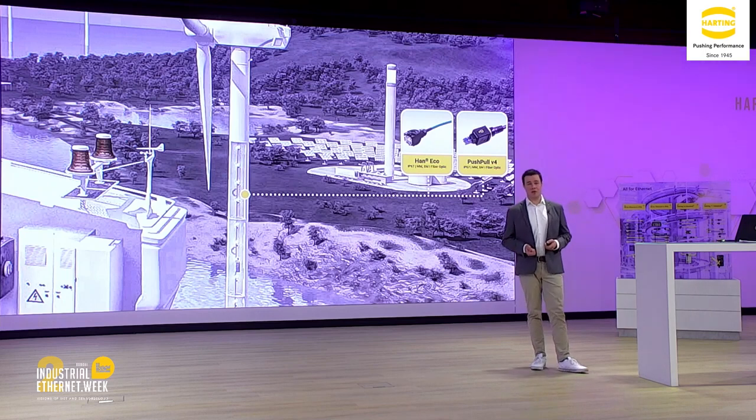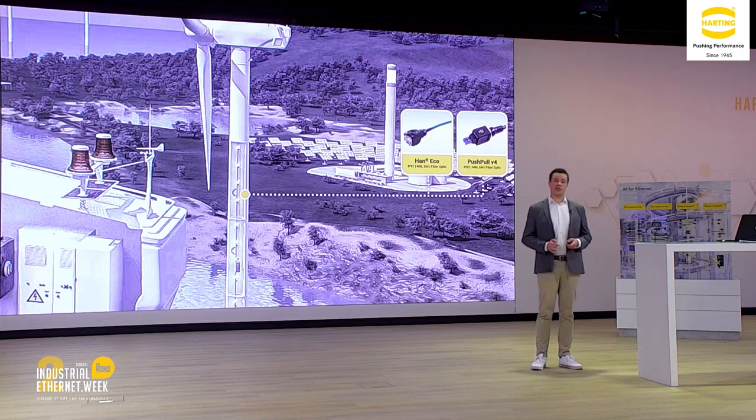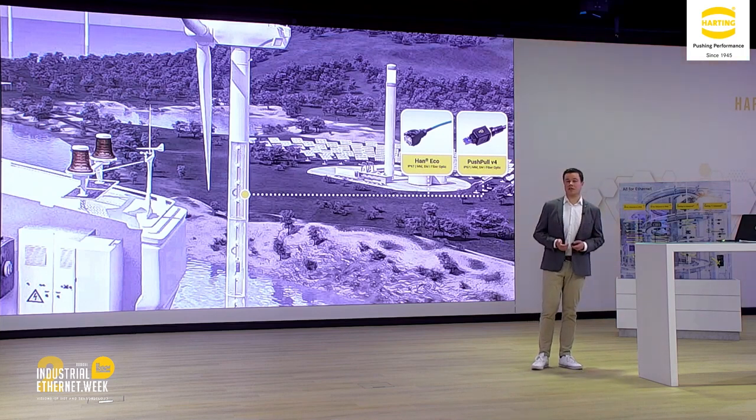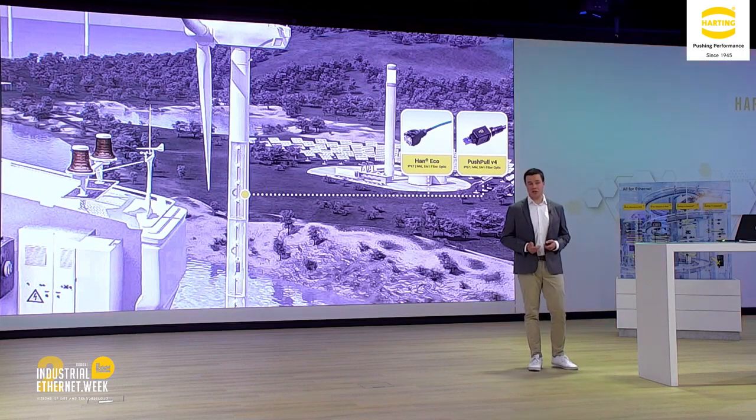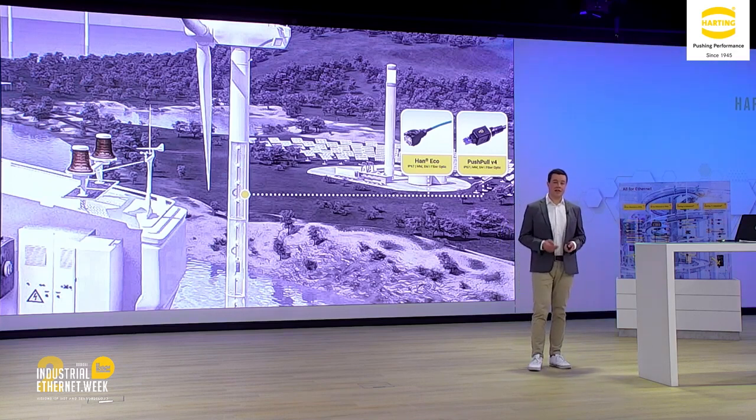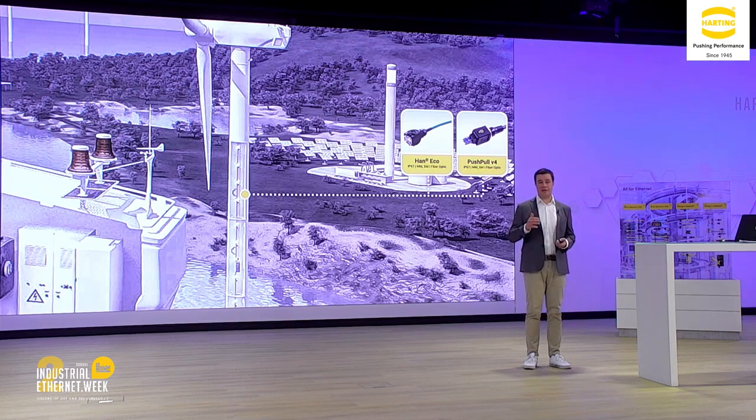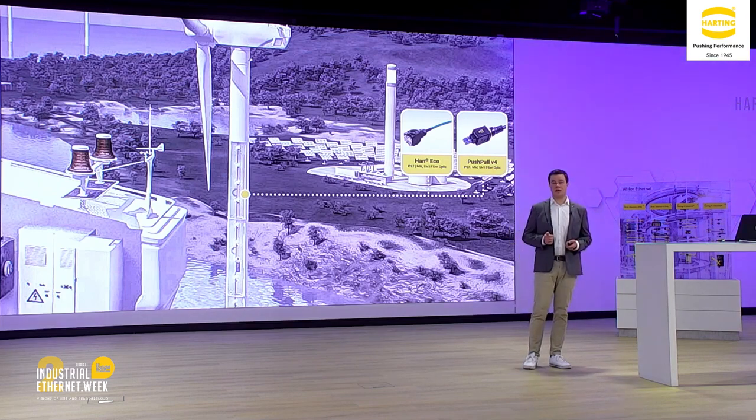This is a very robust connector and is also suitable for such applications. It's not an outdoor condition, but inside the windmill you also have outdoor-like conditions, for example, temperature changes. With this kind of solution, you can bring Ethernet from the ground to the gondola.